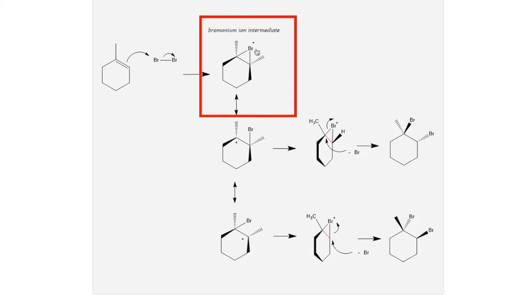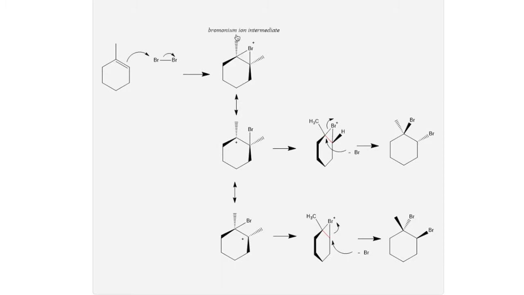And so we can resonance stabilize this carbocation line structure here by making another bond from bromine using its lone pair electrons to stabilize the charge on carbon. This places the positive charge now on bromine. And while both of these structures are very unstable, the fact that both of them can exist induces a stability known as resonance stabilization. And this allows the mechanism to proceed much more rapidly.